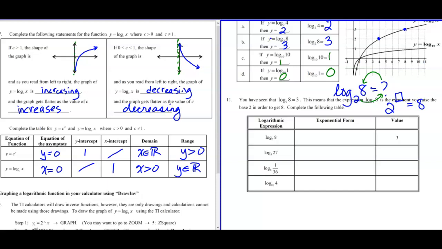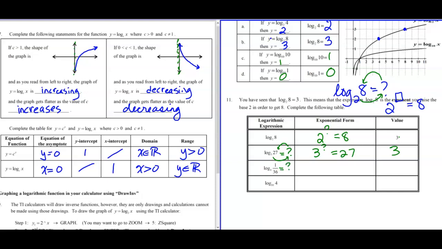Okay, so here, 2 to the what gives me 8? 3. Then here, 3 to the what gives me 27? So this equals what? And there's my swoop and de-swoop. So 3 cubed.